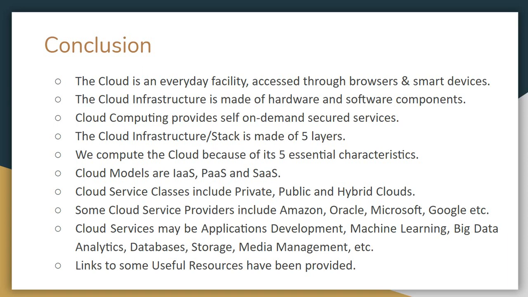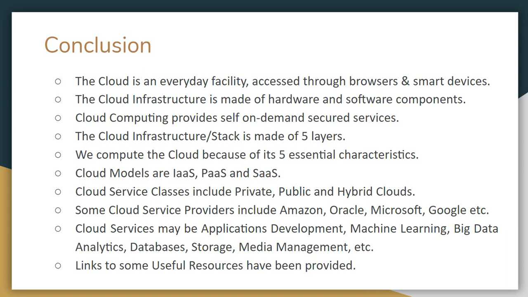Conclusion. In this class, we've looked at the fact that the cloud is an everyday facility accessed through browsers and smart devices. We also stated that the cloud infrastructure is made up of hardware and software components, like we saw in the cloud infrastructure or the cloud stack.